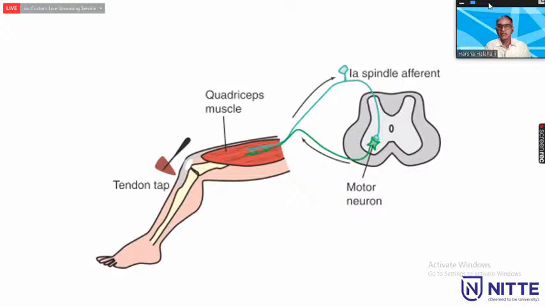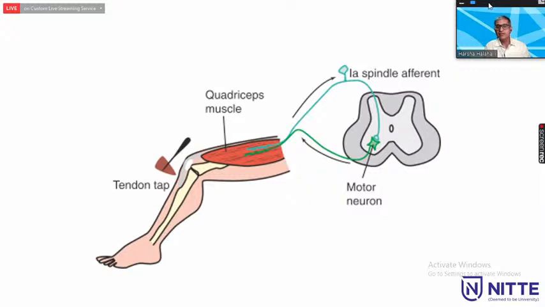I'd like to begin with a very well understood, a very familiar phenomenon, the stretch reflex, which actually provides the most basic unit of understanding neuroscience. If you stretch the tendon of a muscle, like for example the quadriceps muscle, with a quick tap on it using a knee hammer, it would lead to activation of stretch receptors within the muscle.